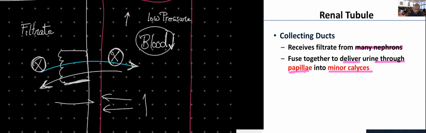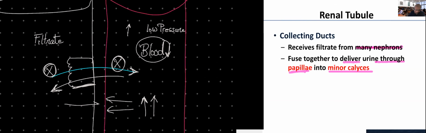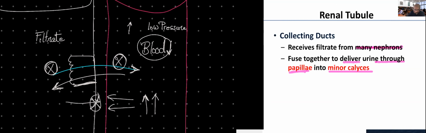Having too high hydrostatic pressure is definitely going to prevent any reabsorption of any kind. Because if you allowed something inside the cell, let's say glucose, where is glucose going to go next? It's going to move to the blood.